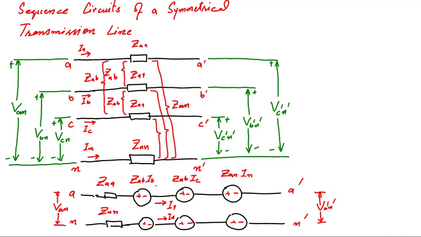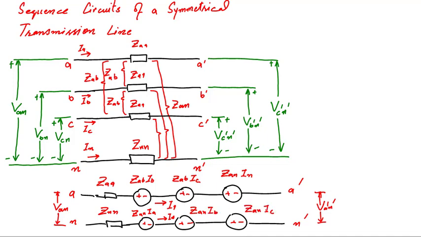Here ZAB and ZAN are the mutual impedances between two phases and between phase and neutral respectively. In the same way, there will be three induced EMFs in the neutral conductor due to phases A, B and C. We can write those as ZAN IA, ZAN IB, ZAN IC.